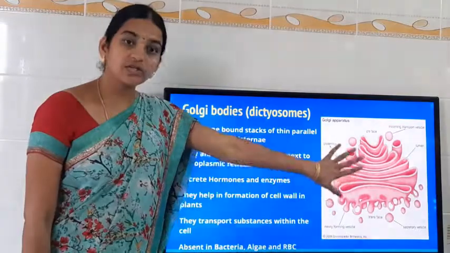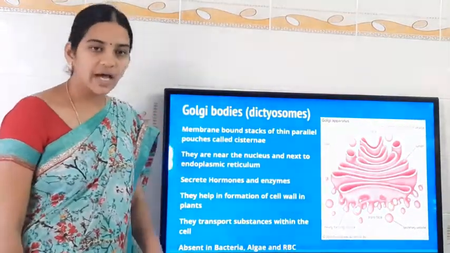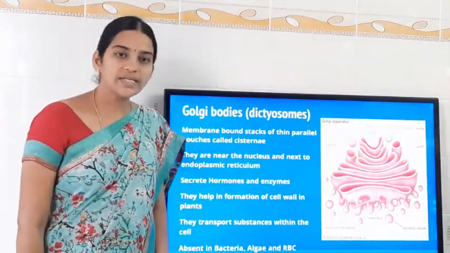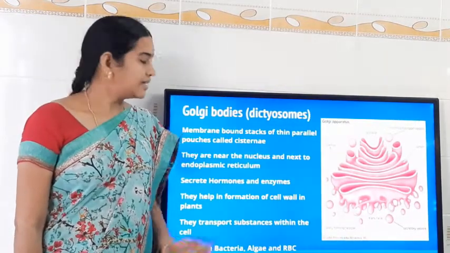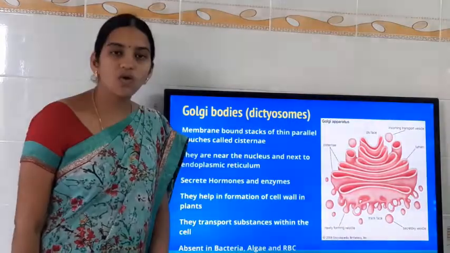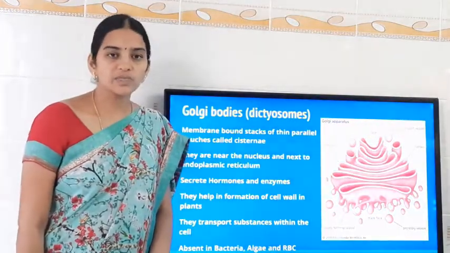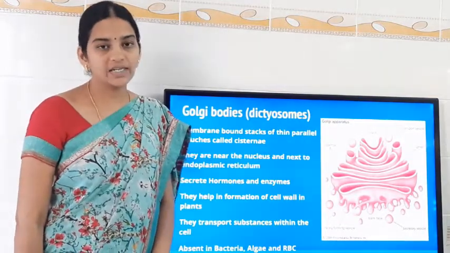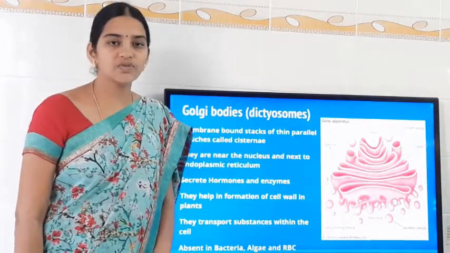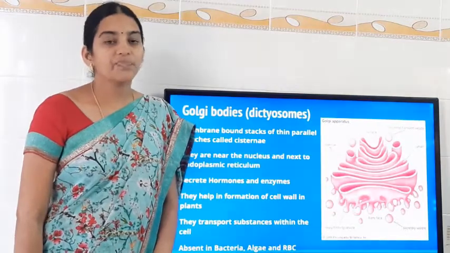This organelle is also found in the cytoplasm near the nucleus and next to the endoplasmic reticulum. These Golgi bodies are also called dictyosomes. And they are absent in bacteria as well as in red blood cells.